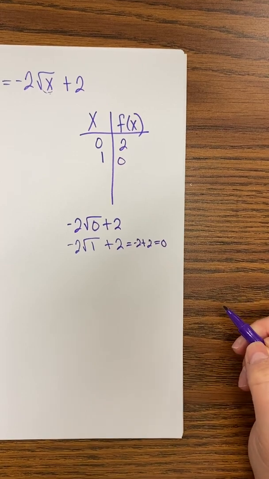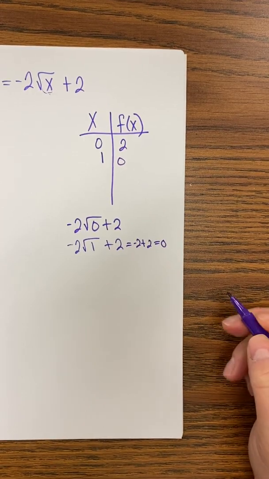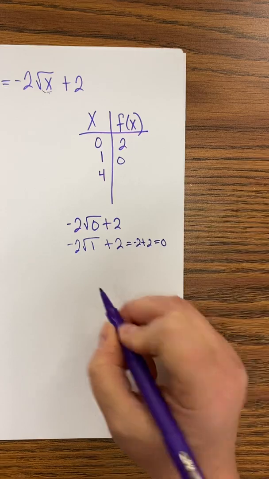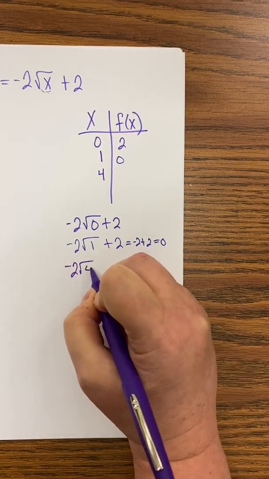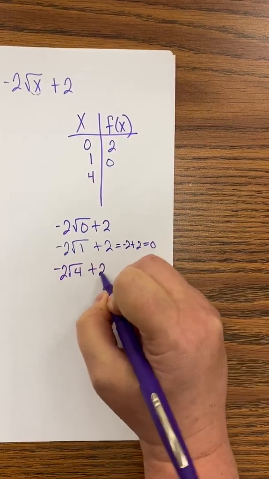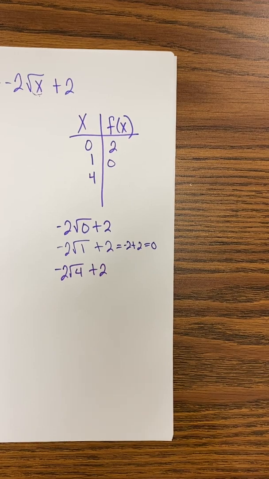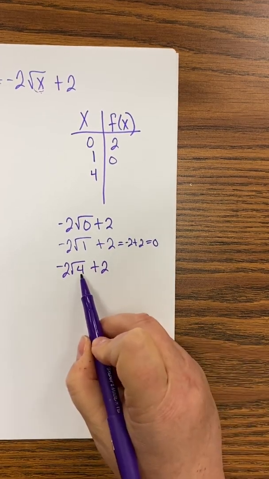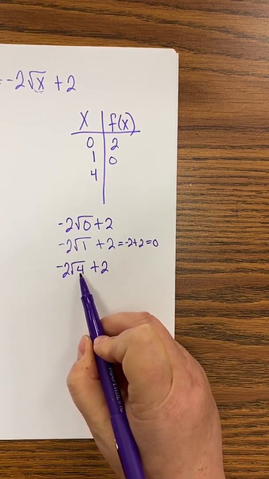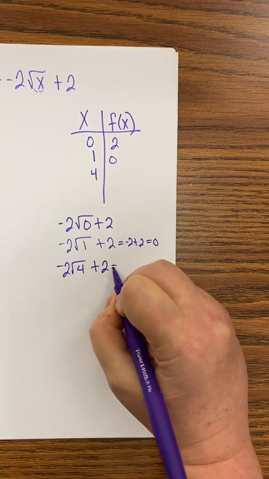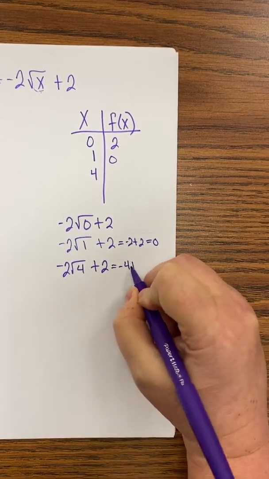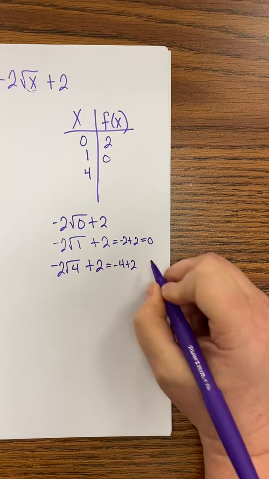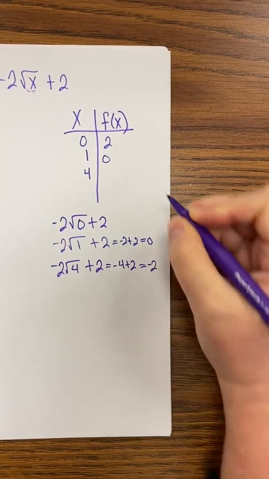Okay, next perfect square after 1 is 4. So you're going to put that in, 4 plus 2. So now we've got the square root of 4 is 2. 2 times -2 is -4 plus 2, which is -2.